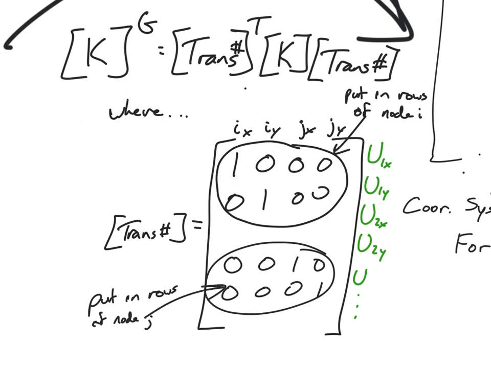So again, if node J is node 2 in your element, then this row would go right across from the displacement of node 2 in the x, and this one would be the next row that follows for row 2 in the y. All right, so simple as that. So you find your node I, find that row, put 1, 1, and then for node 2 you find that one and you put 1, 1. All right, so hopefully that makes a little bit more sense there.